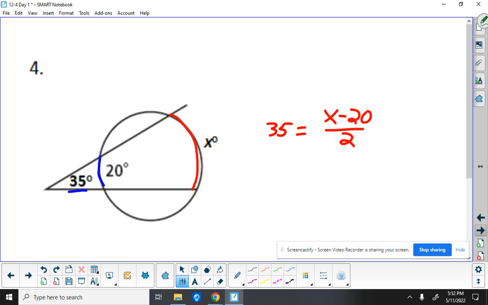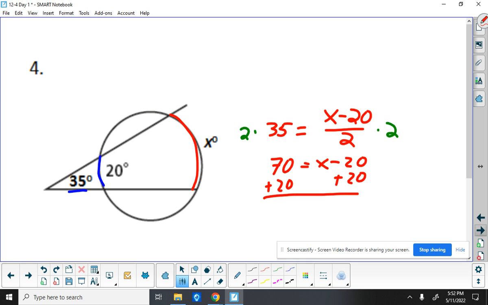To solve that, I'm going to multiply both sides by 2. That gives me 70 equals X minus 20. I'm going to add 20 to both sides. And I end up with 90 degrees for that arc on the far side of the circle from the 35.